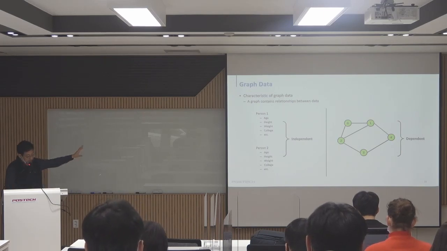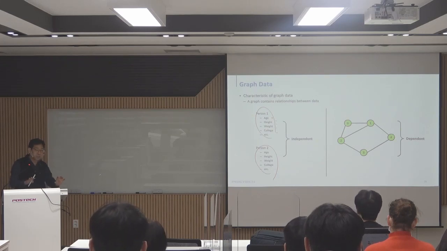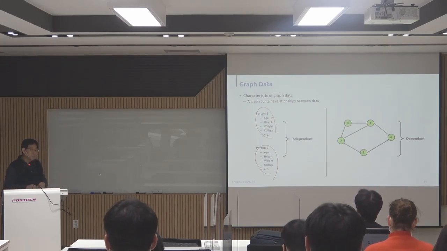And this is the motivation for that. For supervised learning, from the raw data, we try to extract the features, and we assume that all the data points, the featured data points, are independent of each other. That's the key thing.